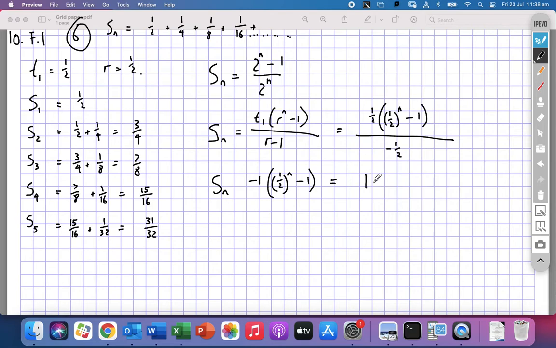So then I end up with 1 minus a half to the power of n. This is the same as 1 to the n on 2 to the n. That was all negative. Let's move that over.